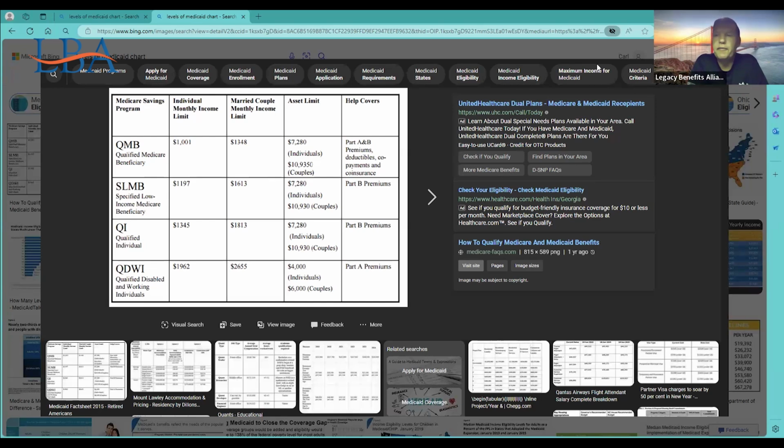But if all the stars align and their doctors are covered or they're willing to move doctors if the case dictates that, then whatever insurance company you put them with is going to be the only payer for their benefits. And that's because that company is getting paid by two different sources to be able to manage that client.